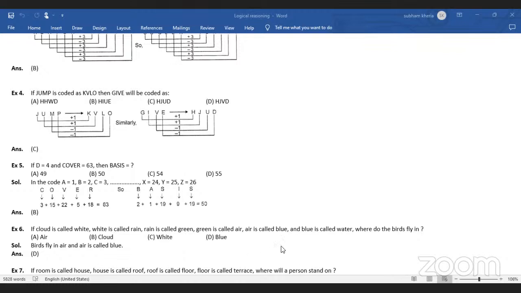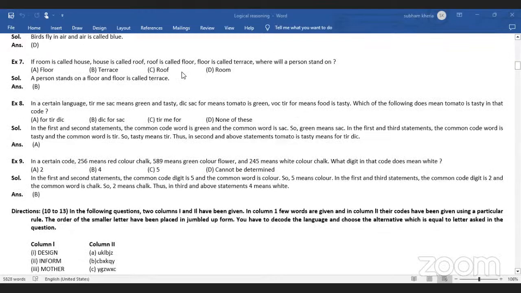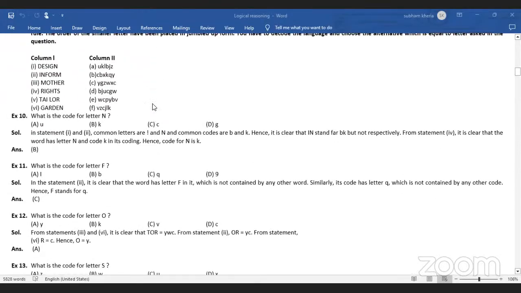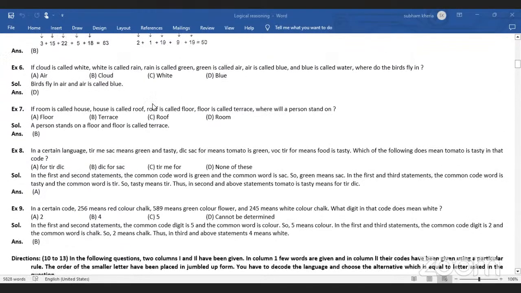Where will a person normally stand? On the floor. And what is floor called? Terrace. So the answer will be terrace. Okay. So all of you understood this logic? Will you be able to solve it from now on?